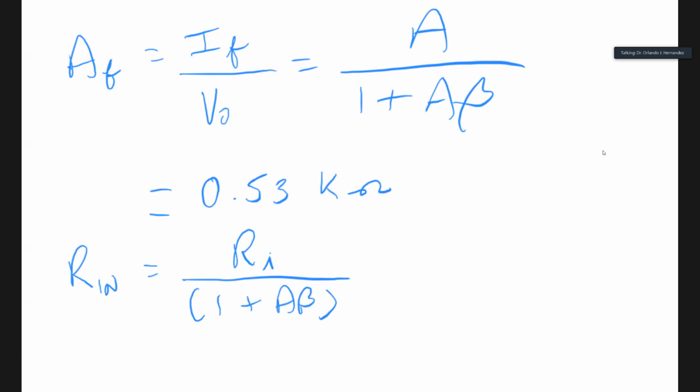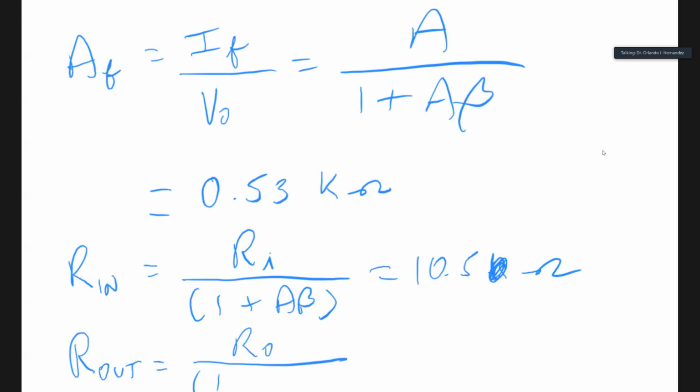And for Rin with those numbers, we get 10.5 kilo ohms rather. And the closed loop Rout is the open loop divided by the feedback factor. And we get 526.